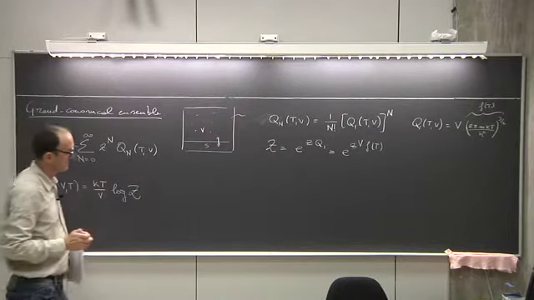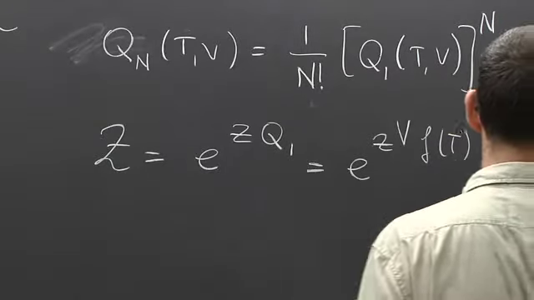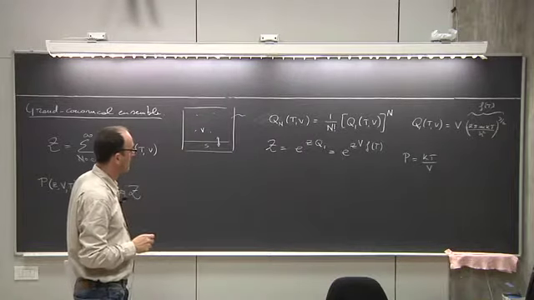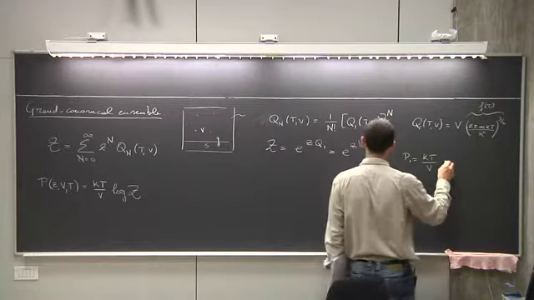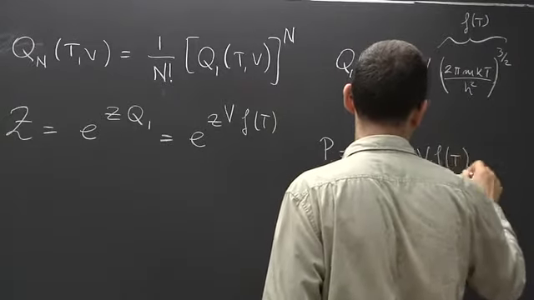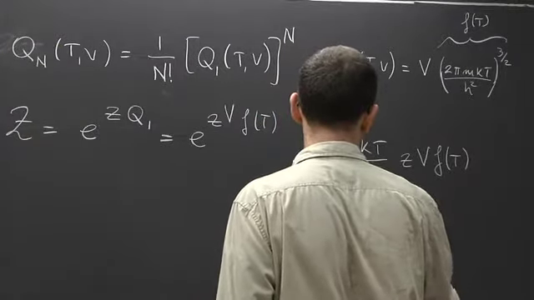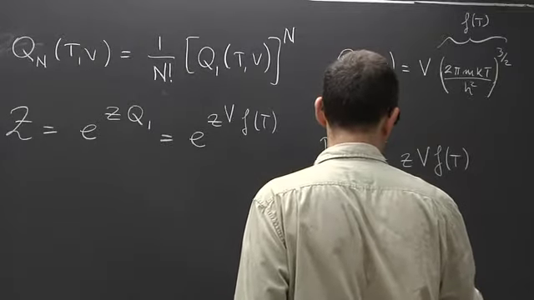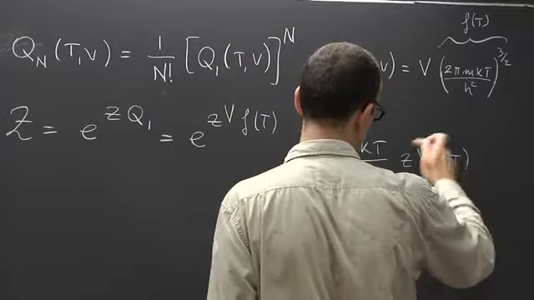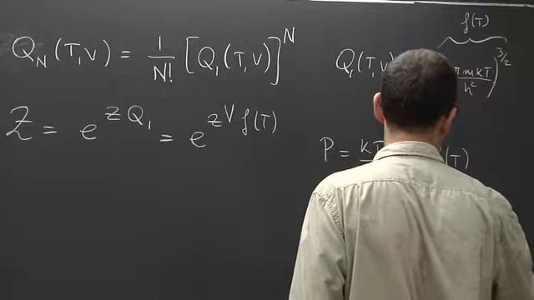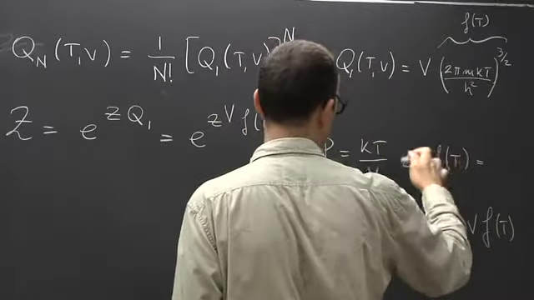We have seen already last time that if I compute the pressure, this is kT divided by the volume, and then I have to take the log of the grand partition function, which is just z times V times this f of T. But I can also compute the number of particles, which is just z times the derivative with respect to z of the log of big Z. And log of Z is just this, so this is just zV times f of T, which is equal to n.